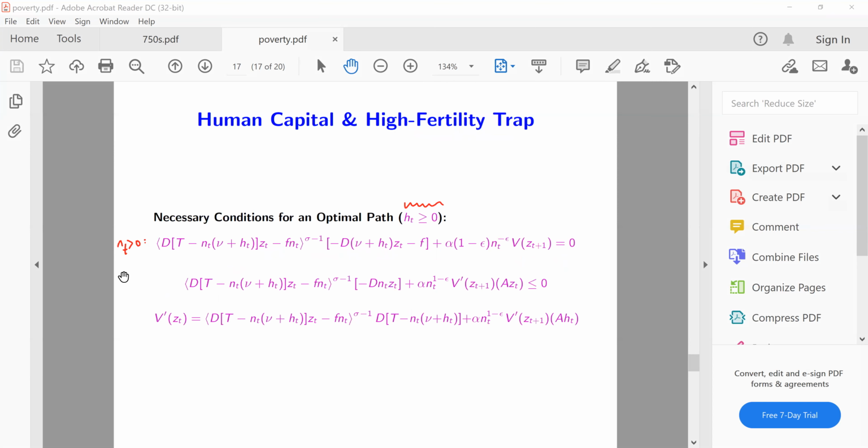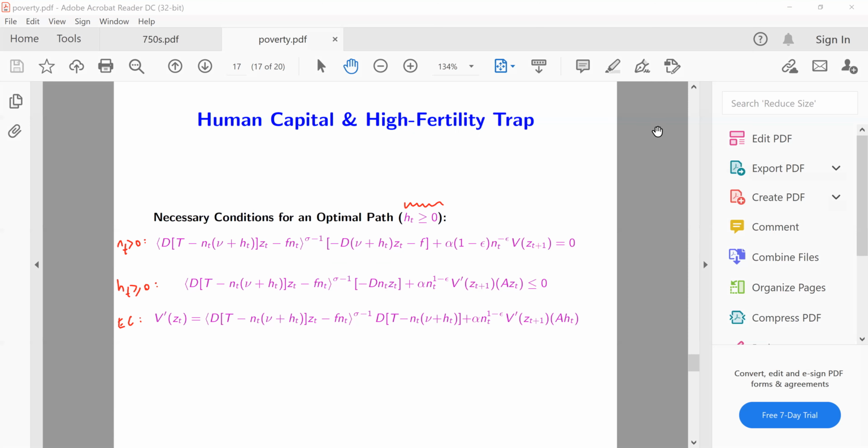We assume that HT could be positive or zero, and this is the envelope condition, as you know, right? Using these three equations, actually one is an inequality, we want to understand the different steady states.